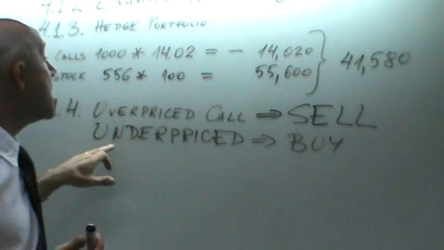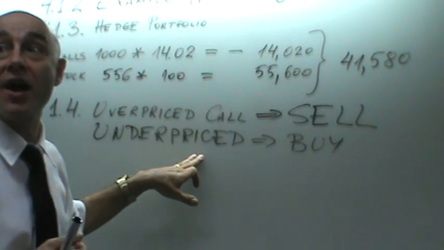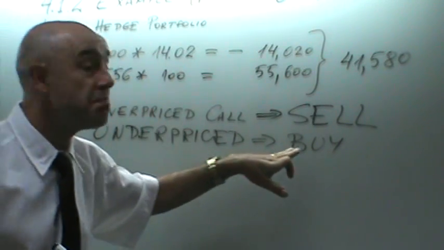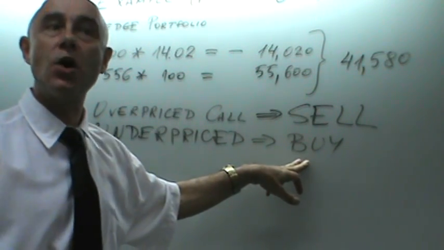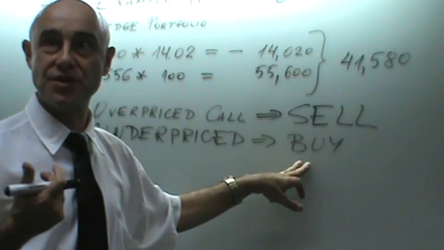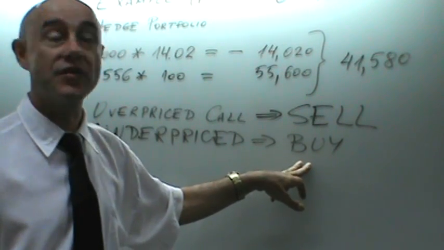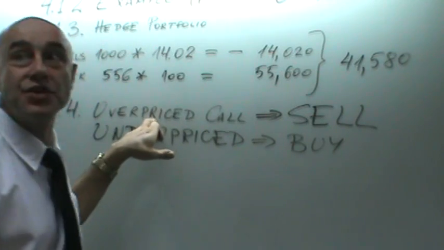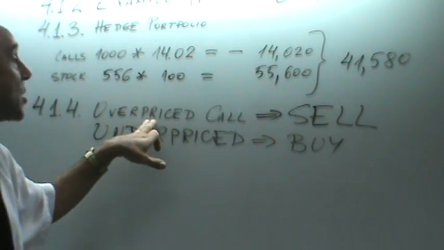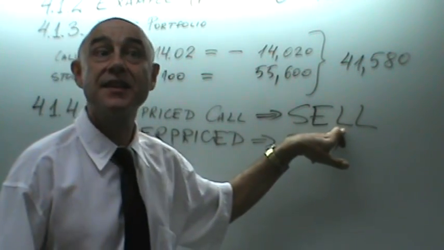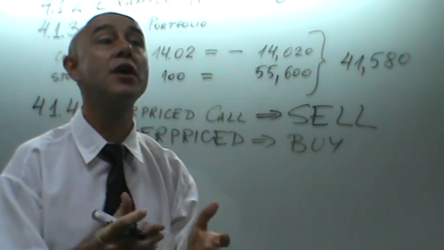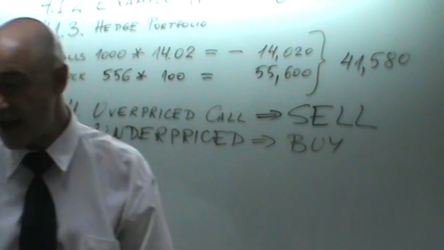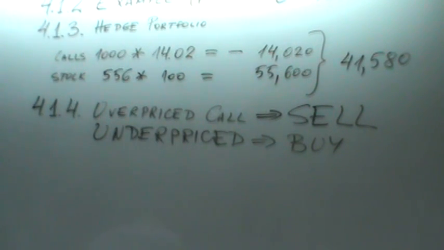On the other hand, if the call is underpriced, you buy the call and sell the stock to protect yourself, to hedge yourself. So you always would have an asset like an option. If it's overpriced, you sell it and then you buy the underlying asset to hedge your position. Okay, and that's pretty much it.